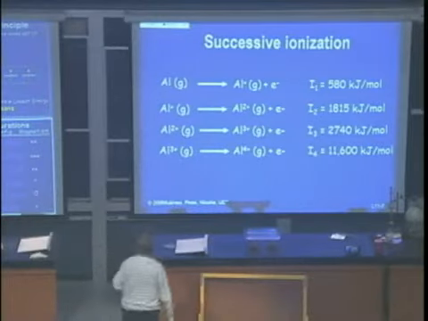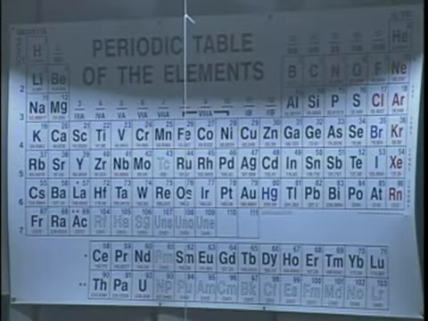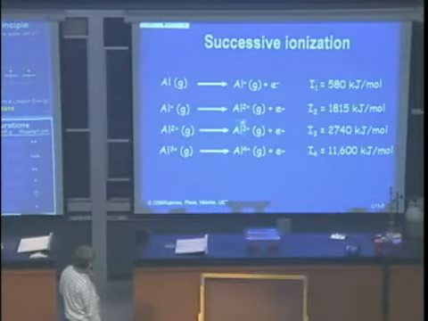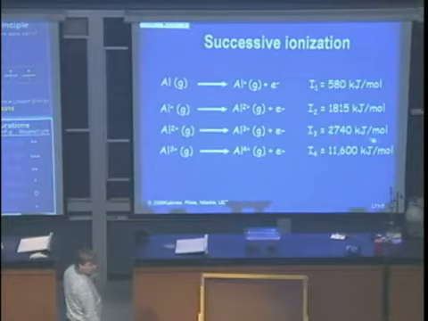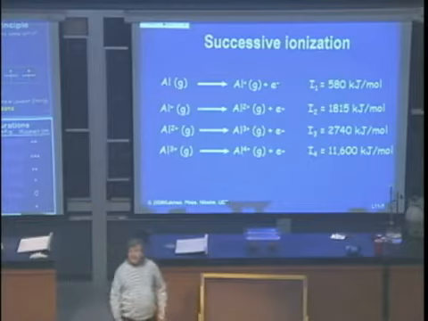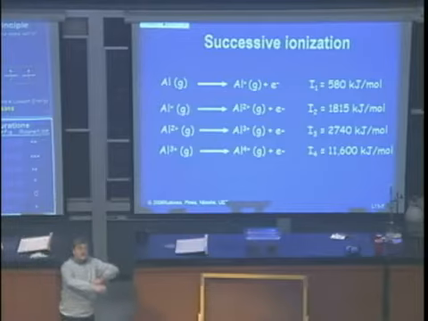Now we come to the third one. This would be then the last from the third period, the last electron, that s1, from the 3s1. And you see the Al2+, I take off this last electron, I need 2,740 kilojoules. That's a whole lot more. That's 700 difference here, and this is only 580 for the first. And now I can even remove a fourth one, and I need a tremendous amount of energy because now I'm at what I call the orbital core.